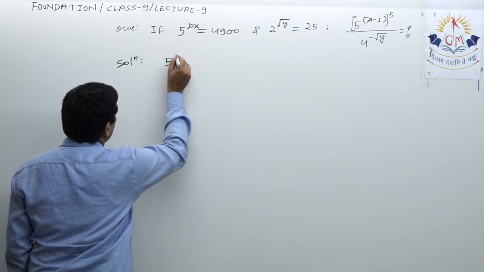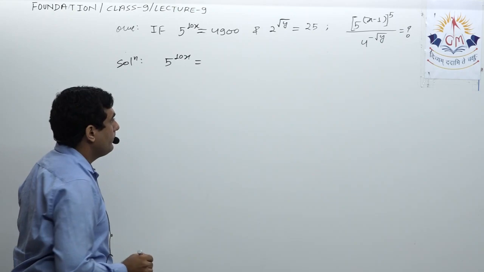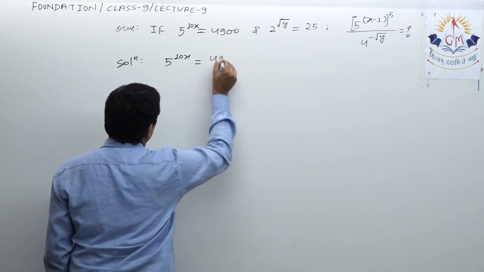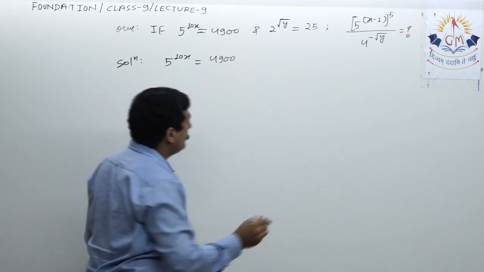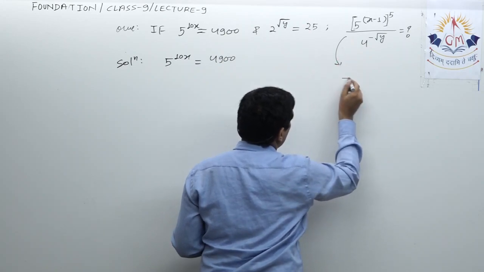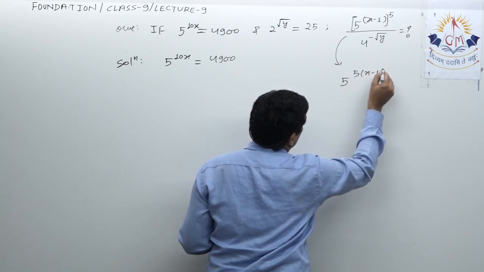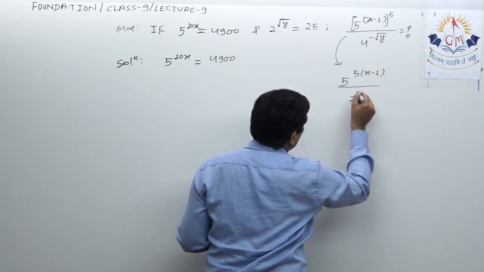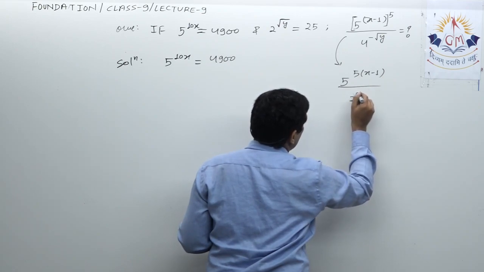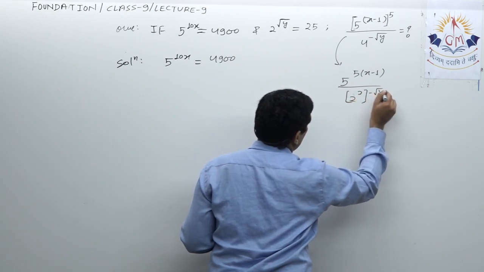We have here 5 raised to 10x, so this is equal to 4900. Now if we observe the expression whose value we have to find, and if I try to simplify this, this will become 5 raised to 5x minus 5 divided by 2 square raised to minus root y.